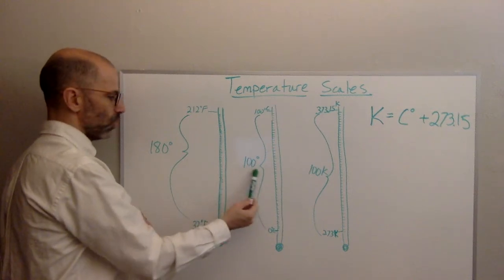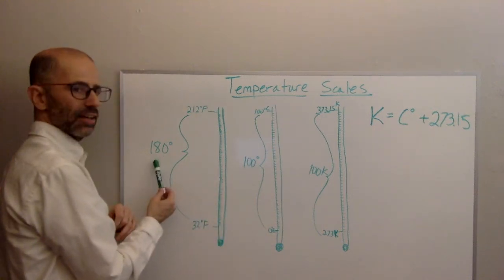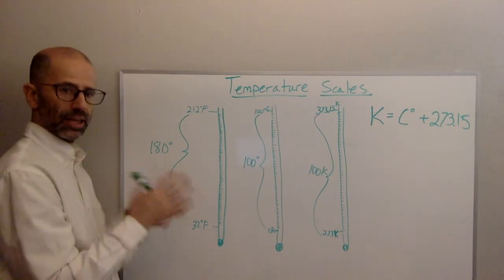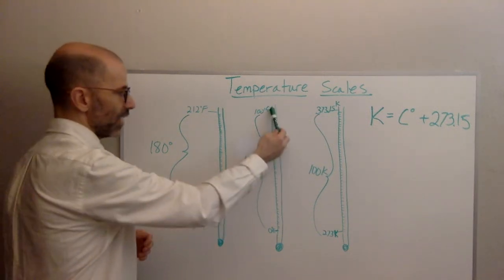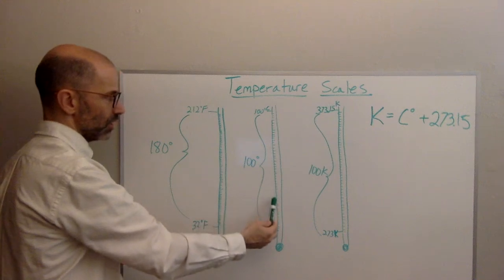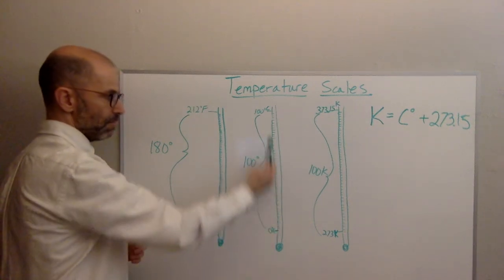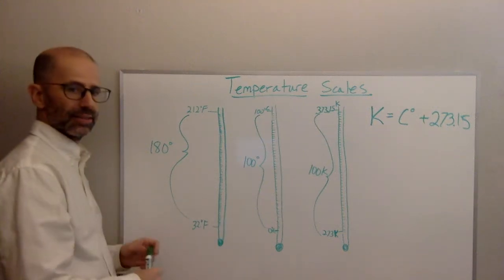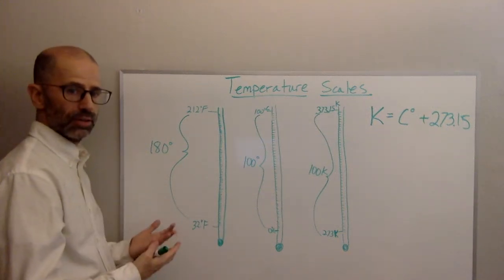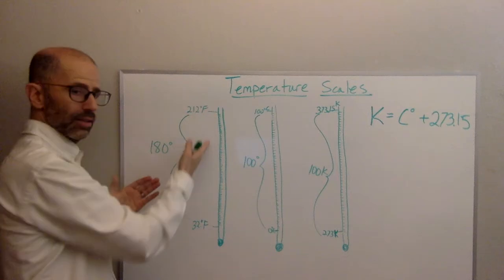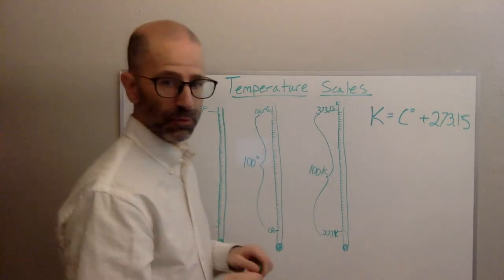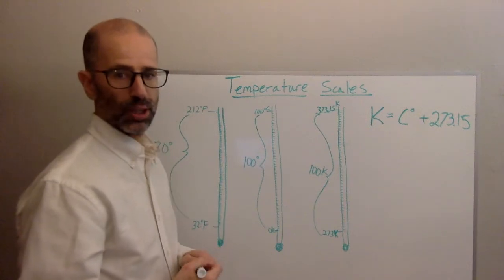So the ratio of 100 to 180 gives me the ratio of the sizes, inverted. The size of the increments of your centigrade or Celsius scale are going to be 1.8 times bigger than your increments of the Fahrenheit scale. So that's going to find its way into the equation.